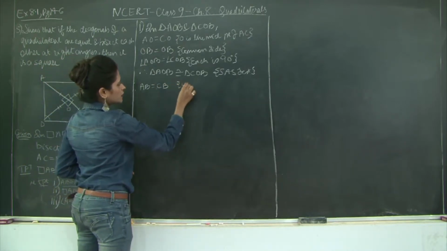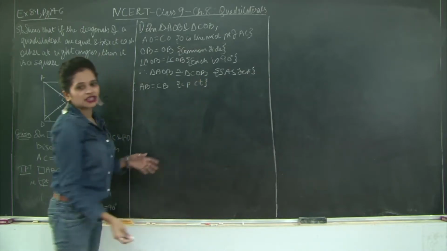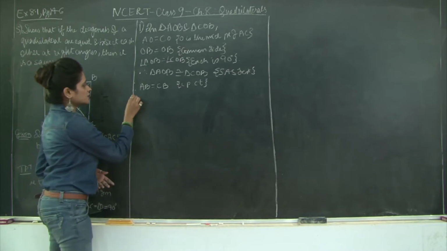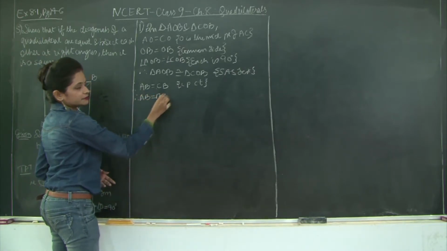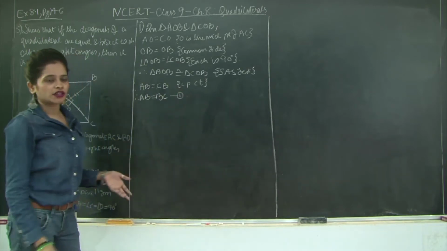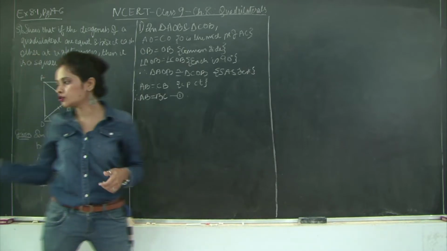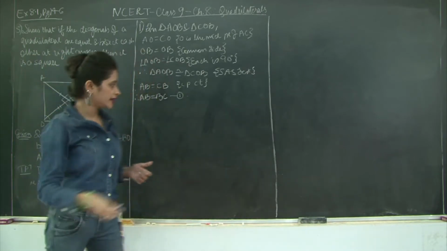Because corresponding parts of congruent triangles. But we need to prove that AB is equal to BC, so let's just write this. Therefore, AB is equal to BC. I'll say 1. Similarly, what can we prove? That BC is equal to CD and CD is equal to DA.